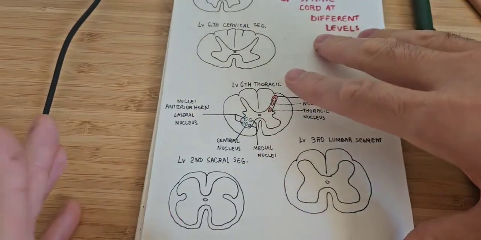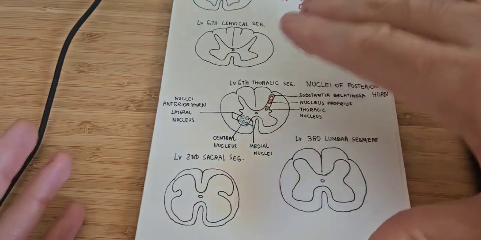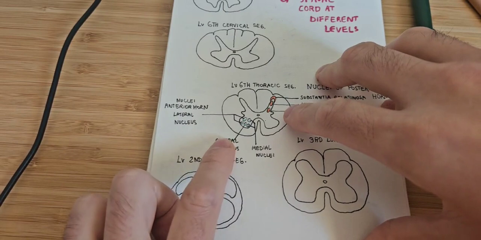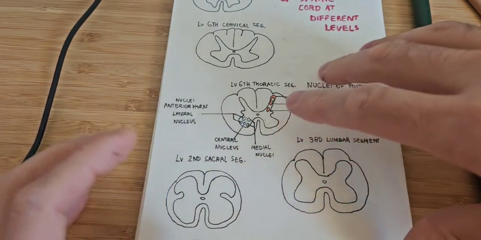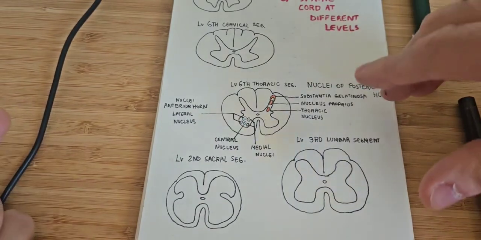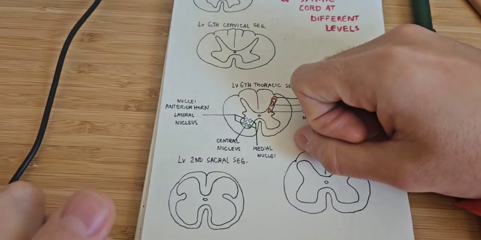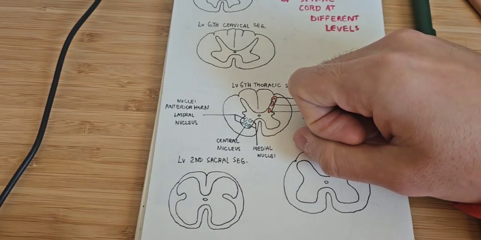The phrenic nerve, just to give you an idea of how important this nerve is. This nerve innervates the diaphragm, which is the primary muscle involved in respiration. And what do you think will happen if this nerve is damaged?